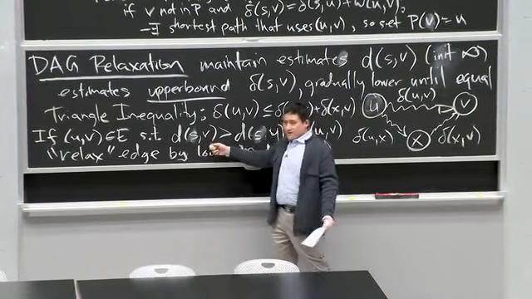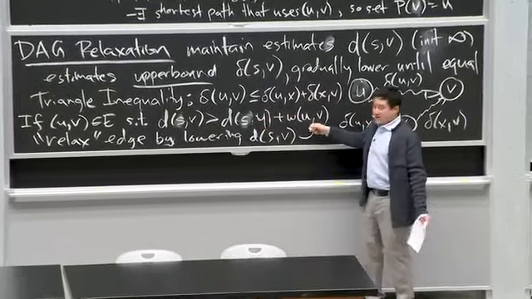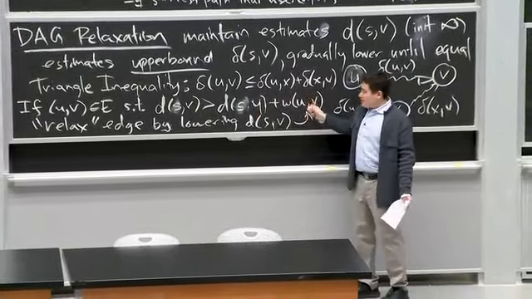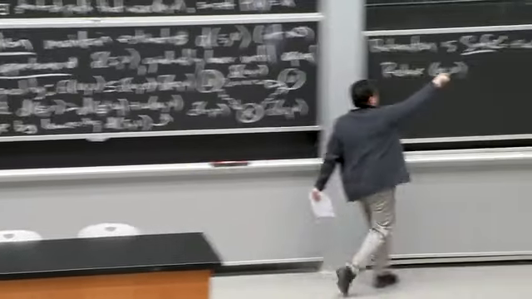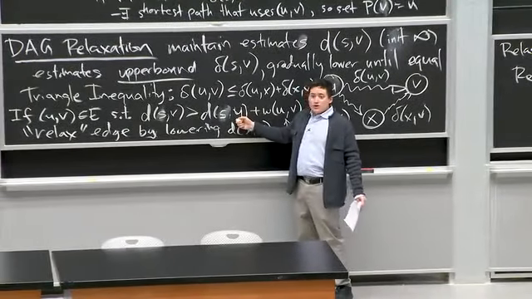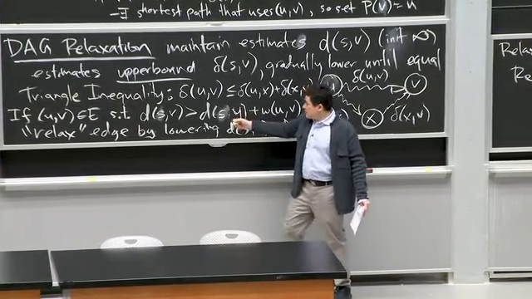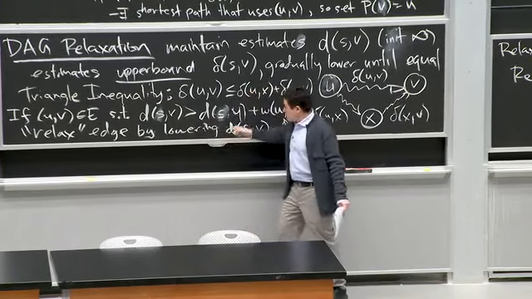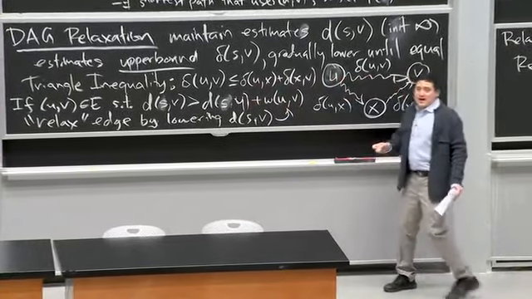I set my shortest path distance to V to be this thing plus this thing, right? This is the weight of an edge from U to V. Now, by my assumption that we're maintaining that this is the weight of some path in my graph, I'm setting it to the weight of some path in my graph to U plus an edge from U to V, and so this checks out.